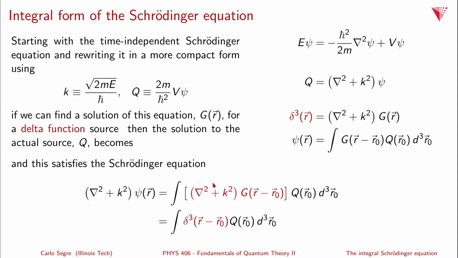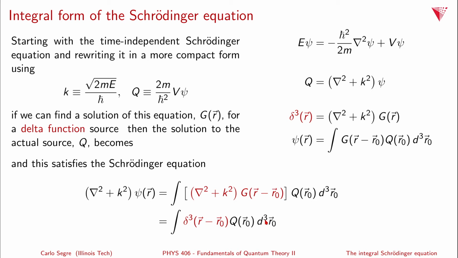But del squared plus k squared applied to g of r minus r0 is exactly the equation up here, which means it is just a delta function of r minus r0. So I can replace everything in the red here with a delta function, delta cubed of r minus r0, times Q of r0, integrated over d cubed r0.